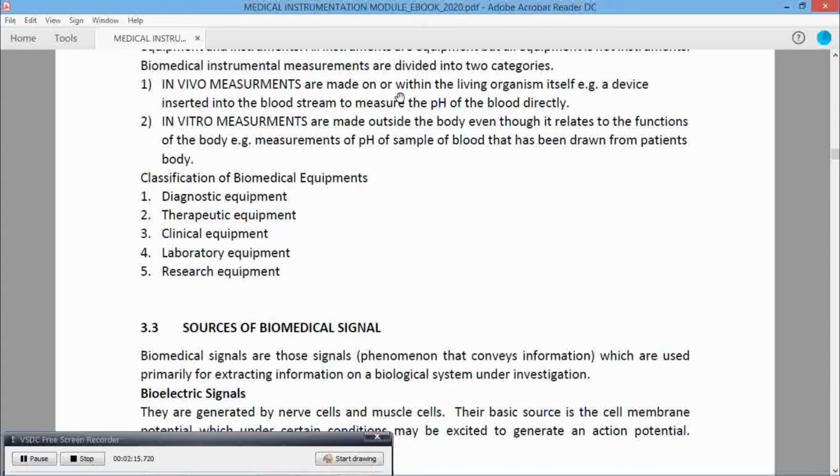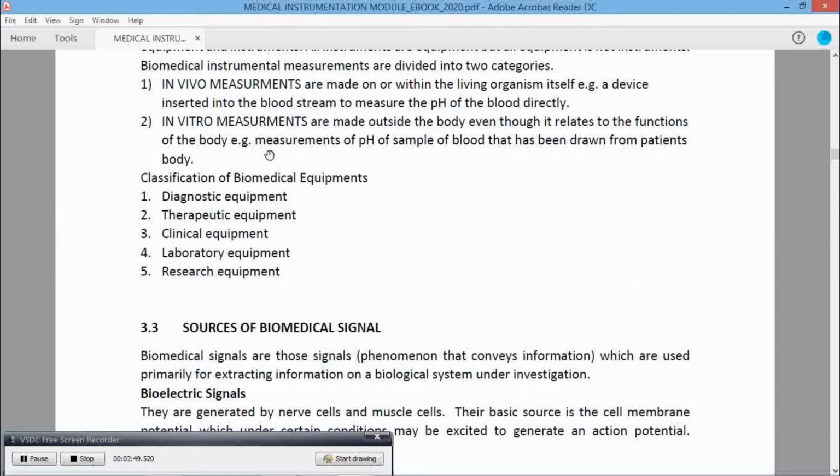In vivo measurements are made within the living organism itself. So for example, in vivo means we do the test or measurement in the body, for example we use a rat, we study wound healing in the rat's body, we make a small surgical cut, and we observe the recovery process. That is called in vivo measurement.